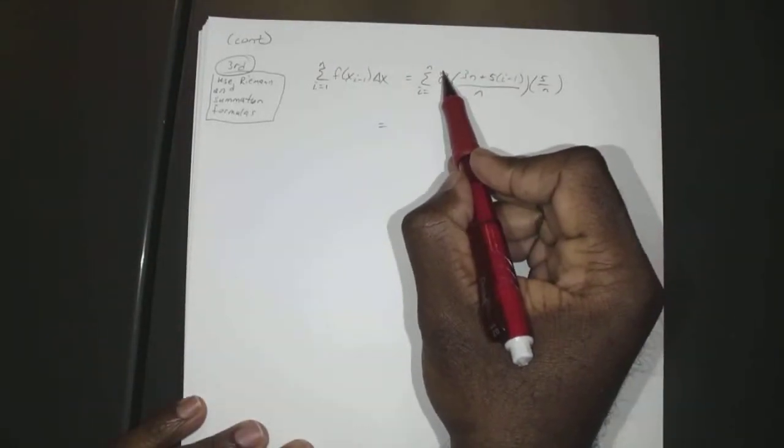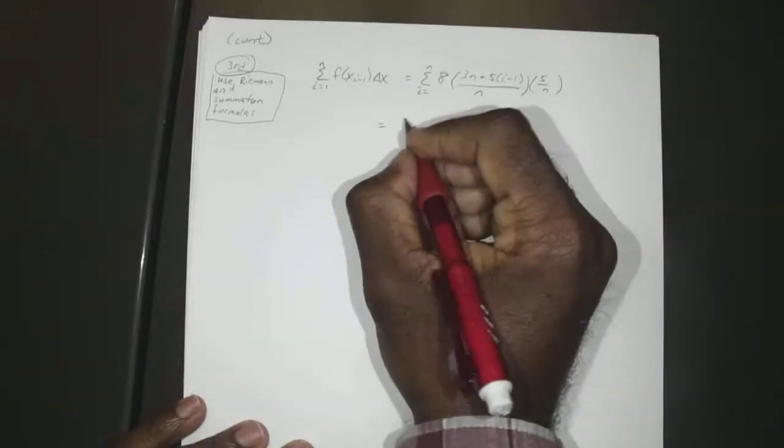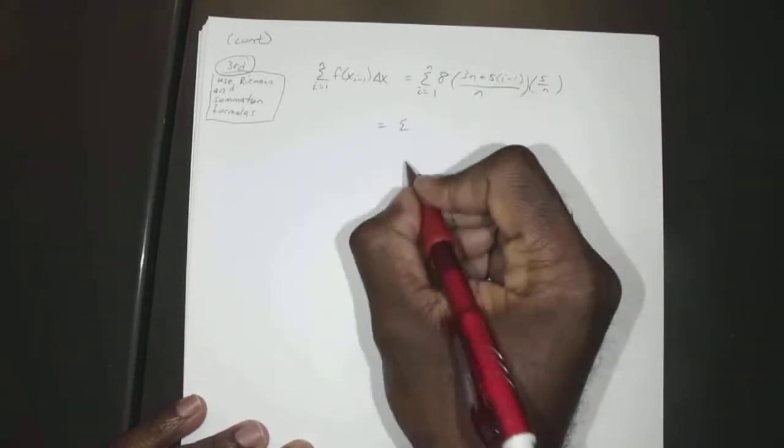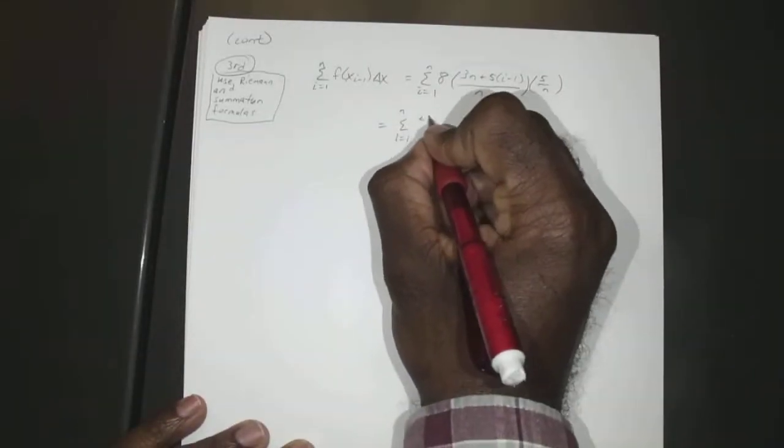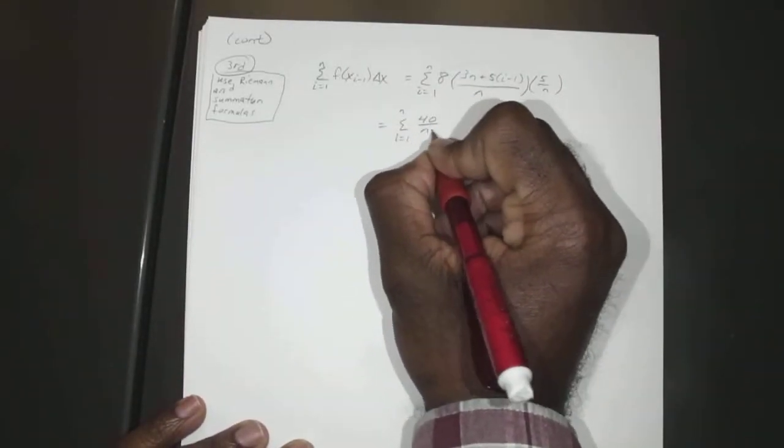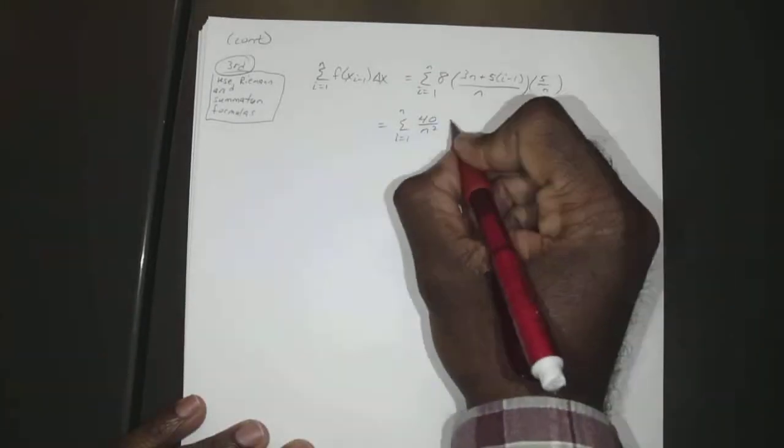Okay, so we know that's going to equal, if we go ahead and multiply those two, that'll be the sum from i equals 1 to n of 40 over n squared.